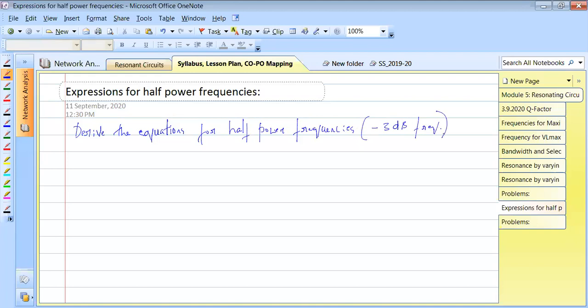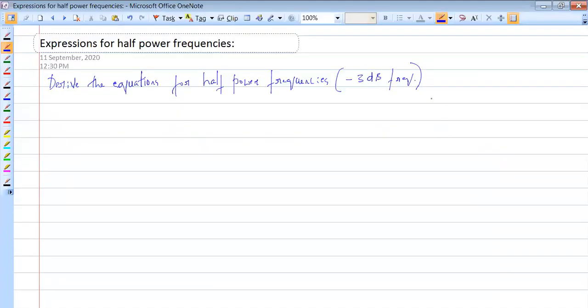Understand that point? They're also called minus 3 dB frequencies. Derive the equations of half power frequencies or minus 3 dB frequencies and the bandwidth. This is what they are asking us to find out.